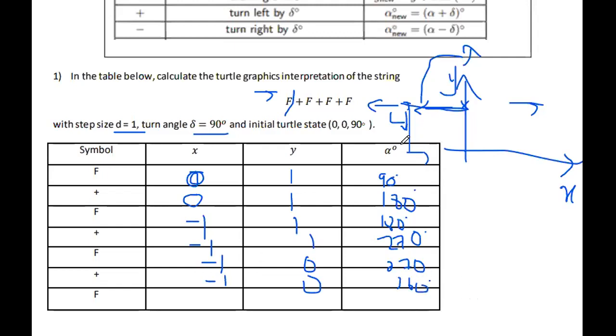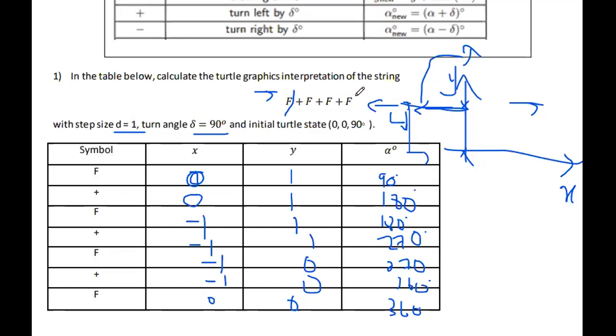Move forward and come back to the original position with this angle. So what is the plot of the journey of the turtle? It's a square.